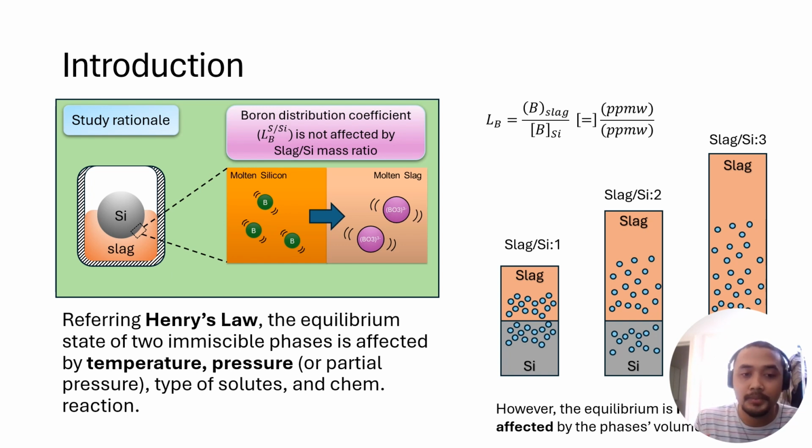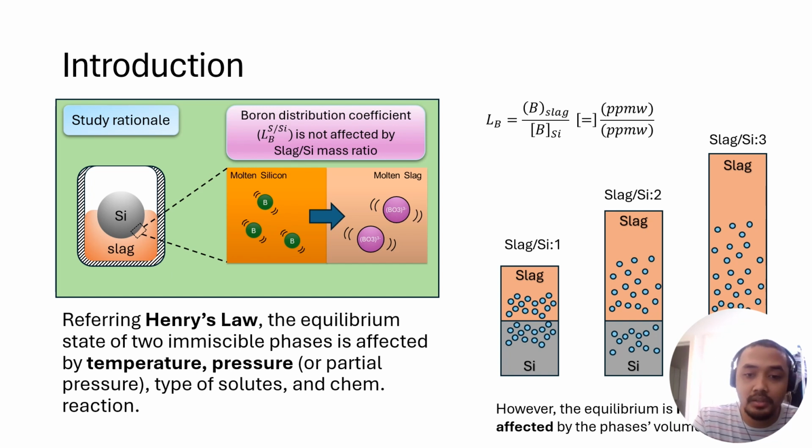But referring to Henry's law, the equilibrium state of two immiscible phases is affected by the temperature and pressure. So basically, it's the condition of your experiment or your apparatus, and also the type of the solutes and the chemical reaction. However, this equilibrium will not change with the phase volumes.